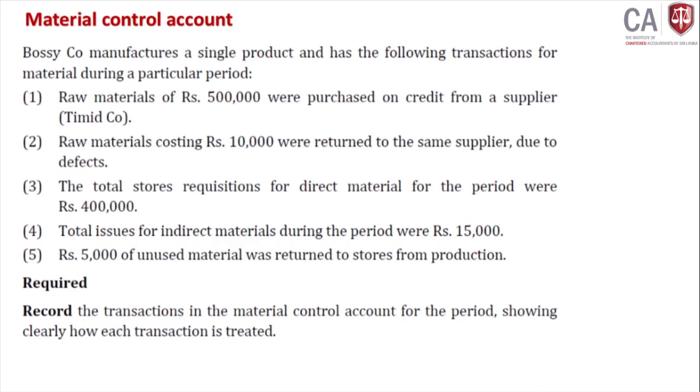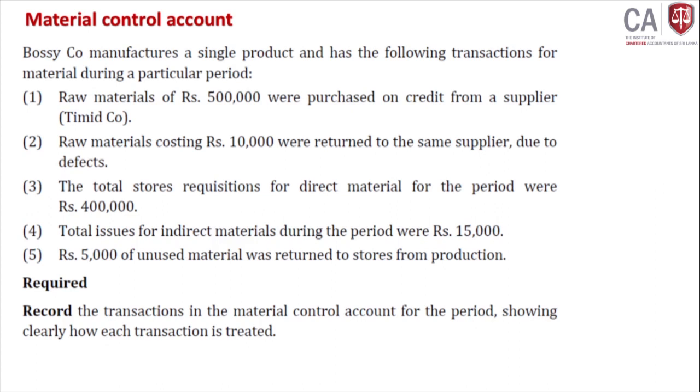Bossy company manufactures a single product and has the following transactions for material during a particular period. Below are the transactions they have given for material, 1, 2, 3, 4, 5.